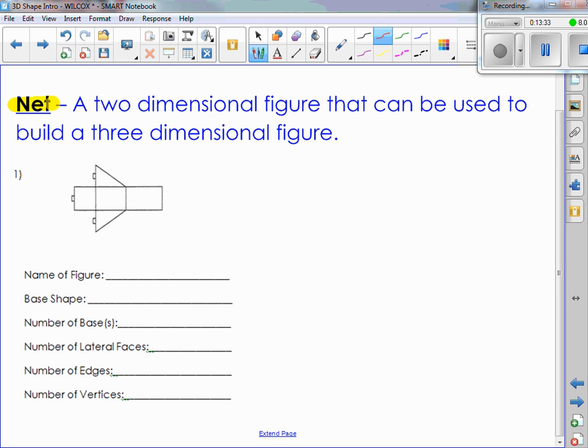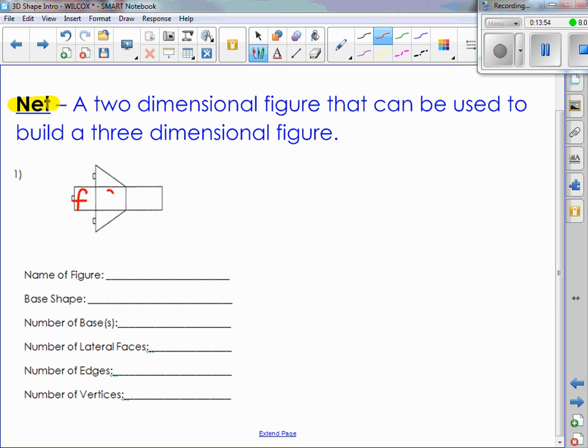So let's start out actually by just identifying the bases and faces. That will, I think, help us determine what kind of shape it is. I have rectangles and I have 2 triangles. If I have a lot of rectangles, that probably means that I have a prism, because prisms have rectangular faces.